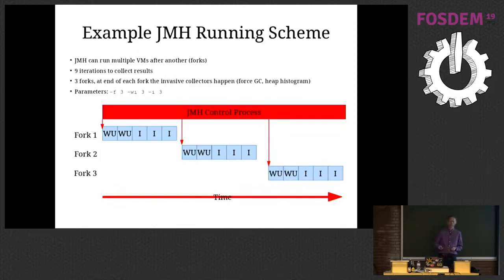So altogether I have 9 measurement iterations here. From the primary metric, I get 9 results after each iteration. For the memory metrics I gather with the forced garbage collection, I only get 3, because this runs at the end of the fork.